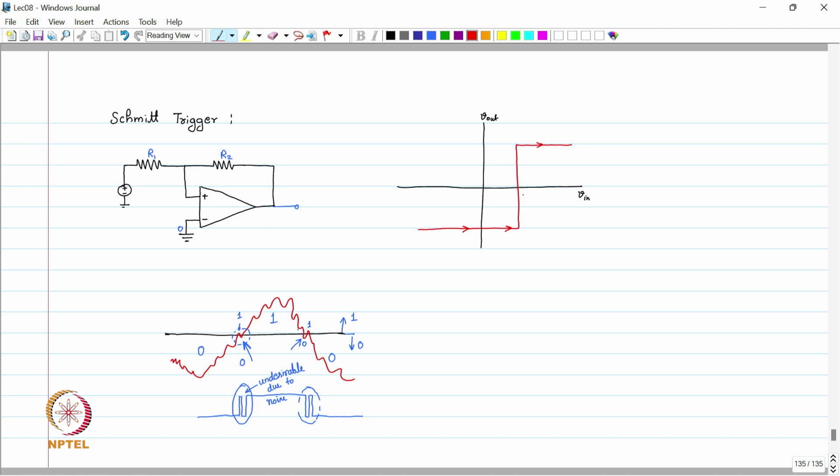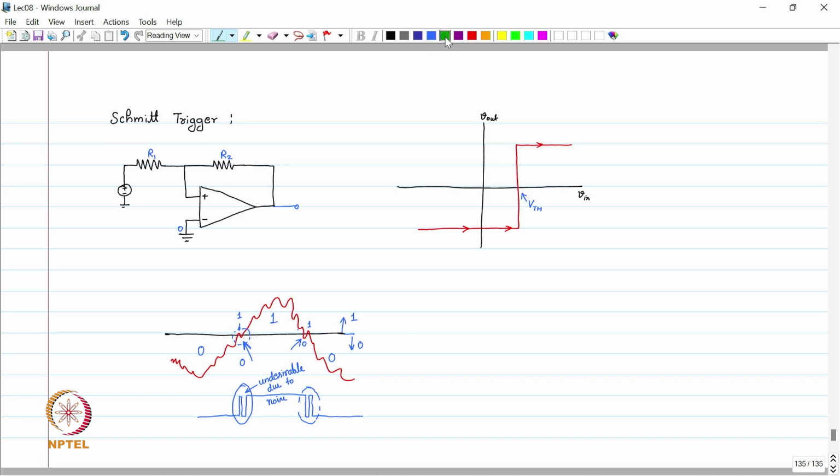This is the threshold voltage while going high, or we call it VTH. Threshold voltage going towards high.